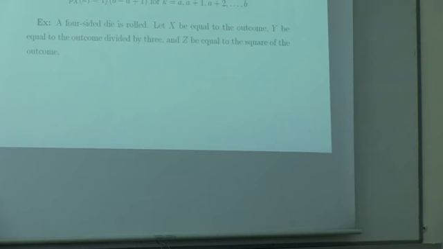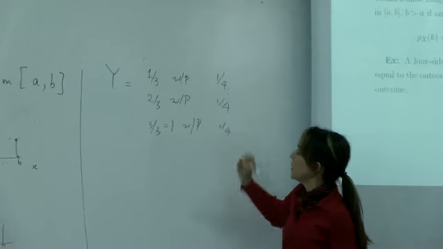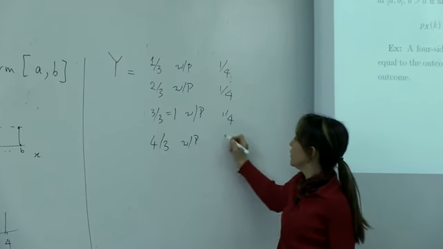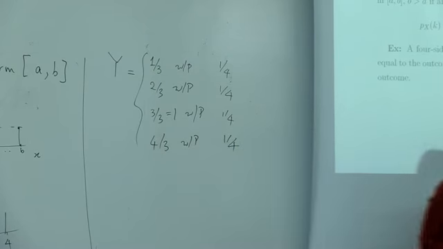So y is 1/3 with probability 1/4, 2/3 with probability 1/4, and 3/3, which is 1, with probability 1/4, and 4/3 with probability 1/4. So it takes 4 values with equal probabilities.